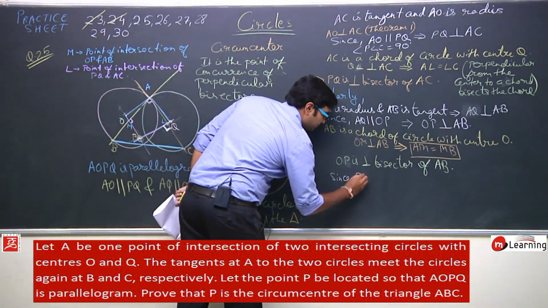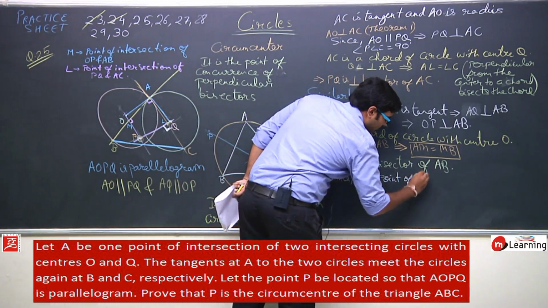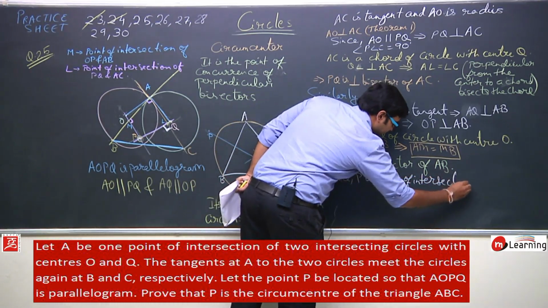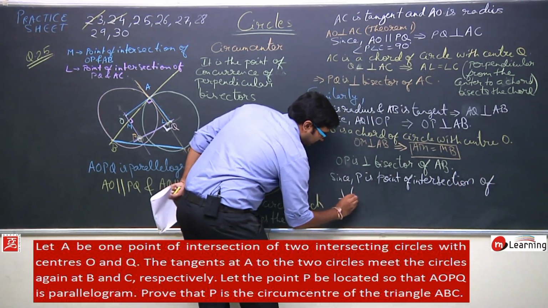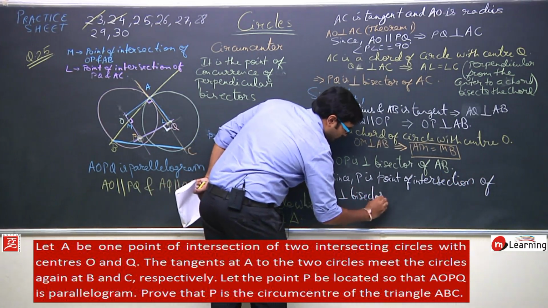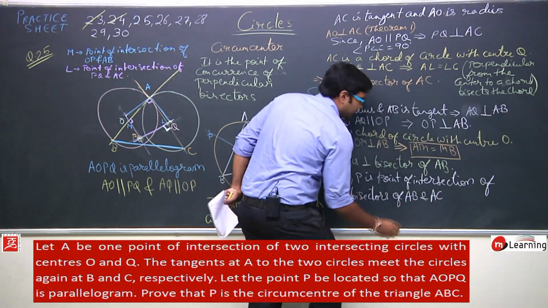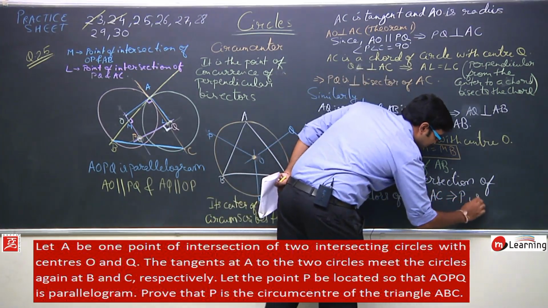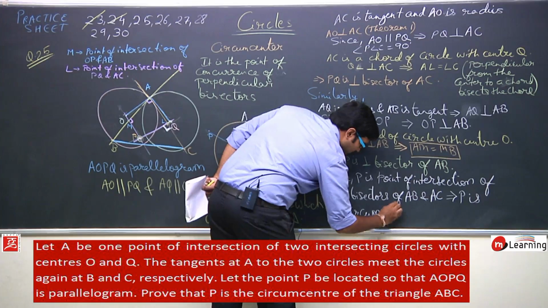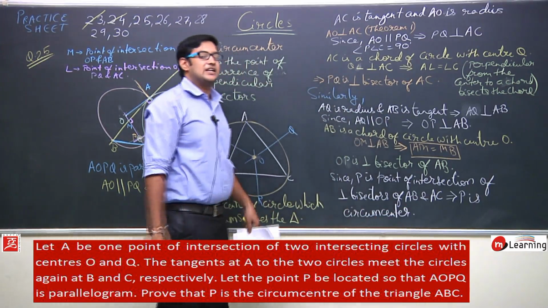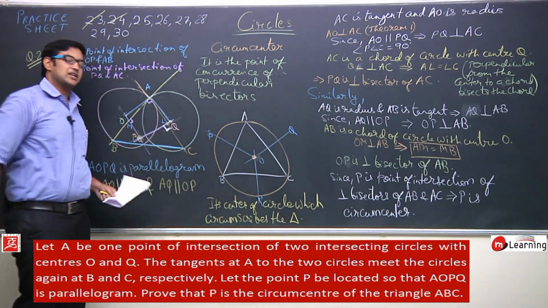Since P is the point of intersection of the perpendicular bisectors of AB and AC, it implies P is the circumcenter. P is definitely a circumcenter. In this way we can prove that this point P is the circumcenter.